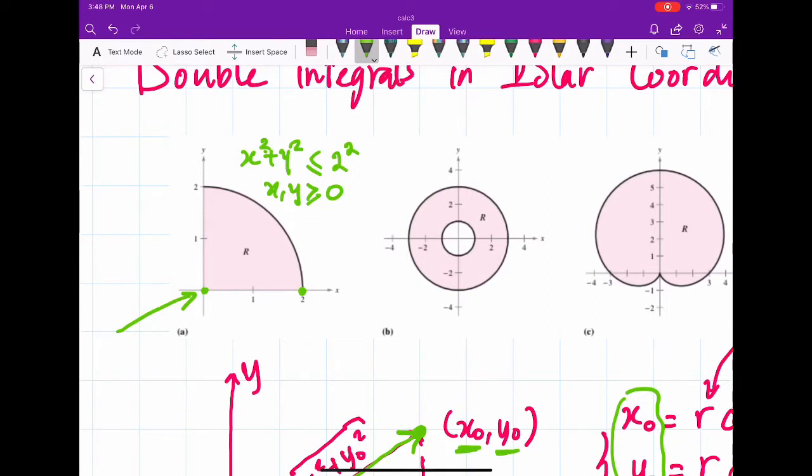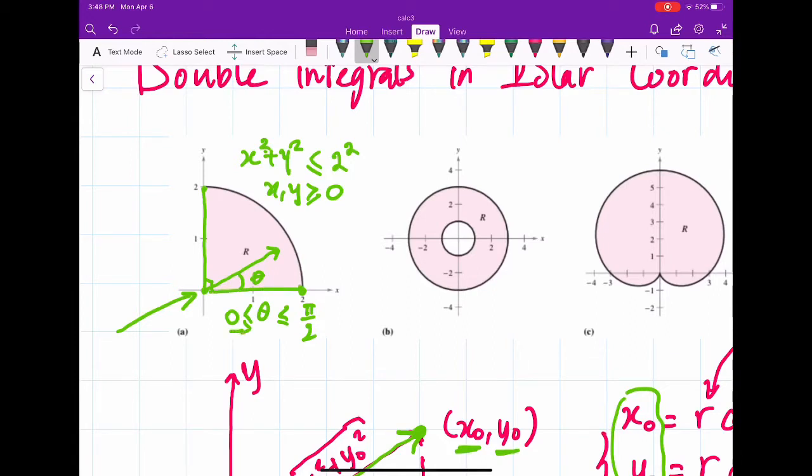If you have some point inside this region, the angle theta between this vector and the x-axis would be less than pi over 2 and greater than or equal to 0. Is that correct? Because only points in here make a right angle, otherwise it should be less than pi over 2, and all points in here have angle 0.